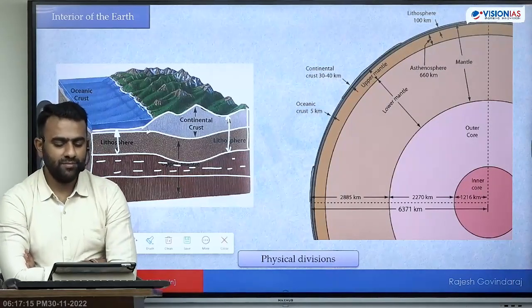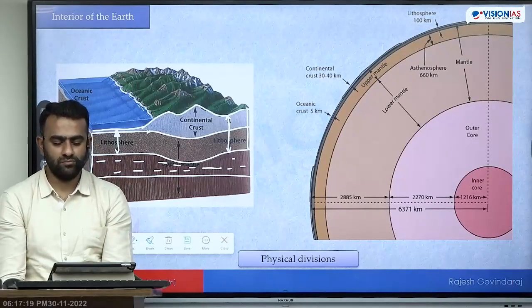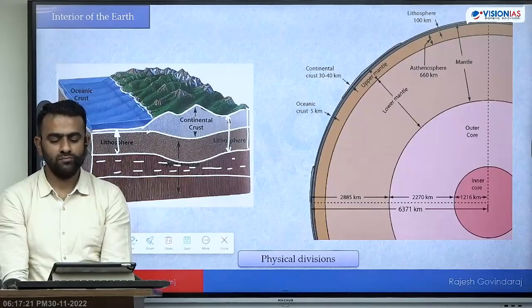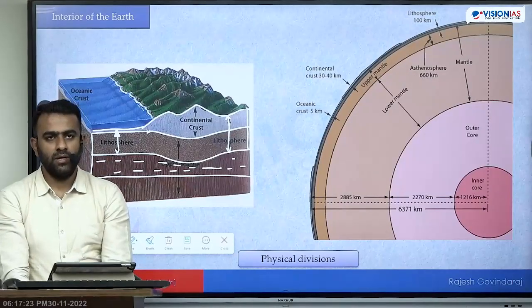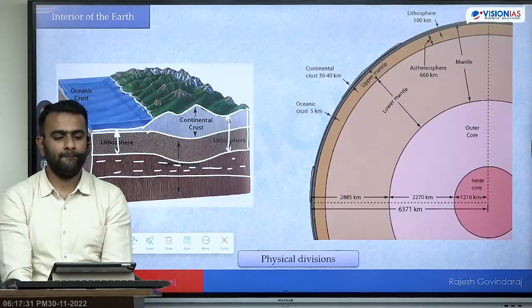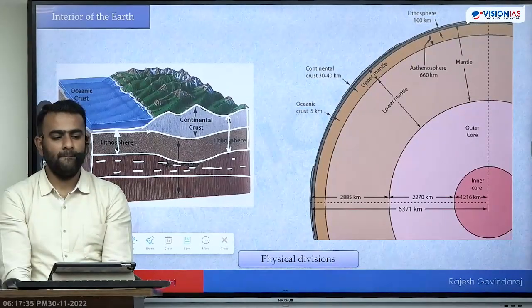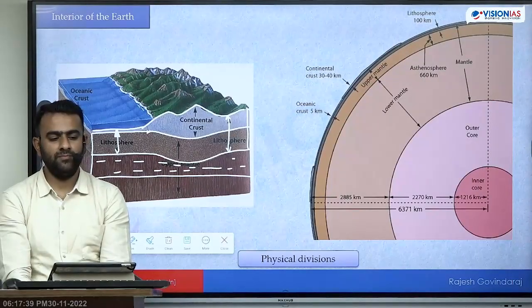So third one, mesosphere. It includes the rest of the mantle.